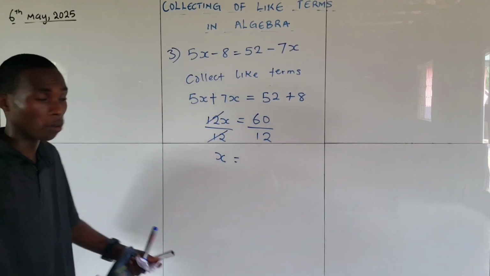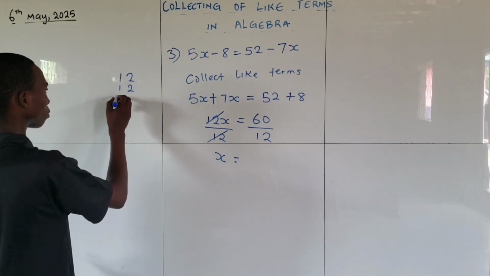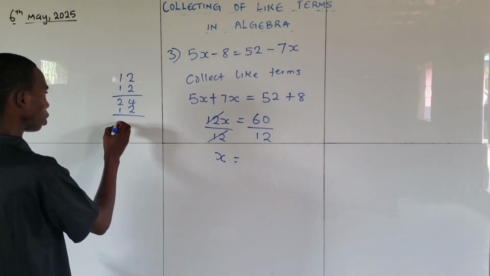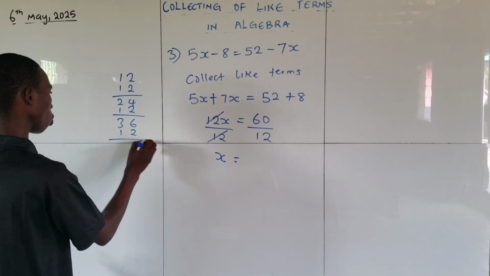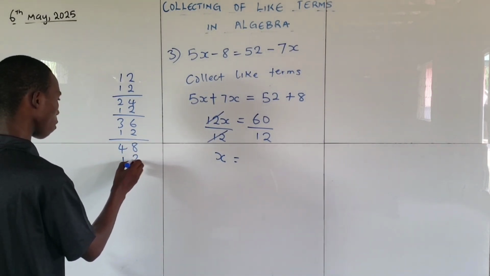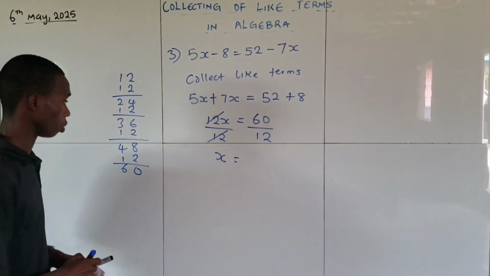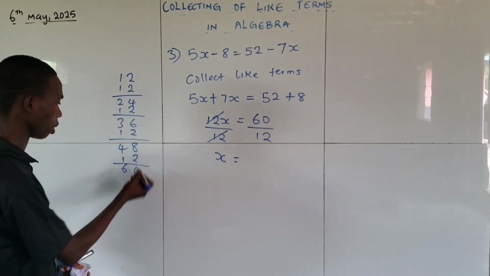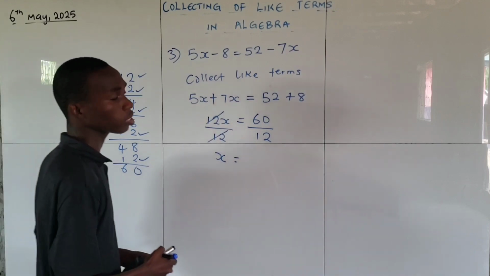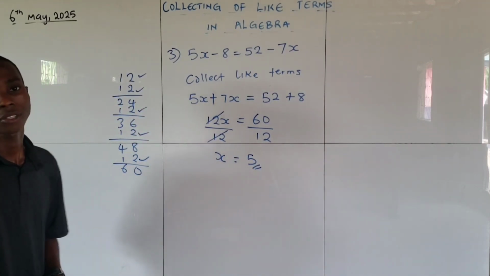So let's keep on adding 12 up to 60. 12 gives us 24, then 36, then 48, then 60. So now it's up to 60. Let's count how many 12s are here: 1, 2, 3, 4, 5. So we notice that 60 divided by 12 will give us just 5. So that is it.